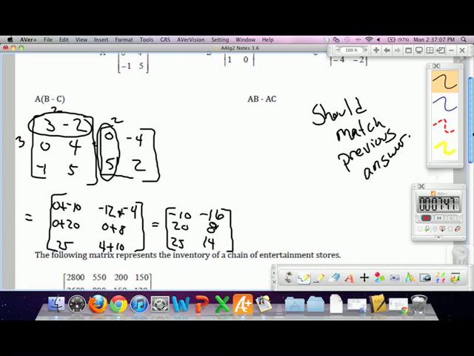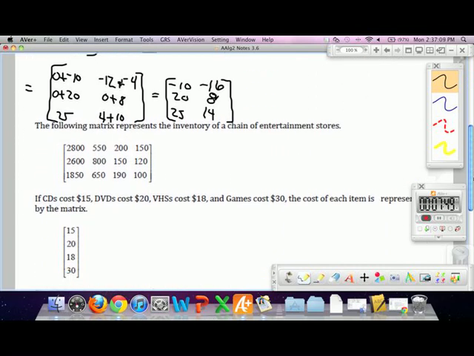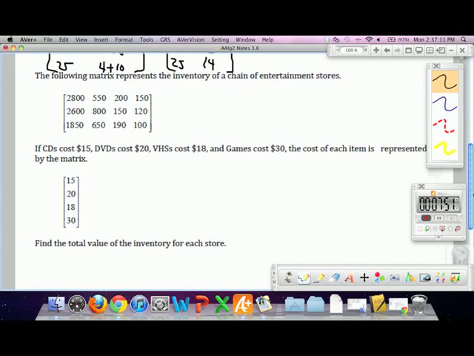Multiply the inventory matrix with this cost matrix: 15, 20, 18, and 30. What's the dimension of this matrix? 3 by 4. This is a 4 by 1, right? So what should our total value matrix be?